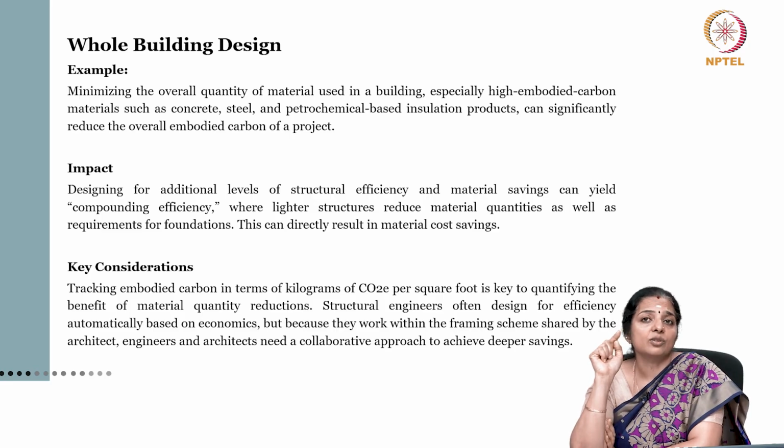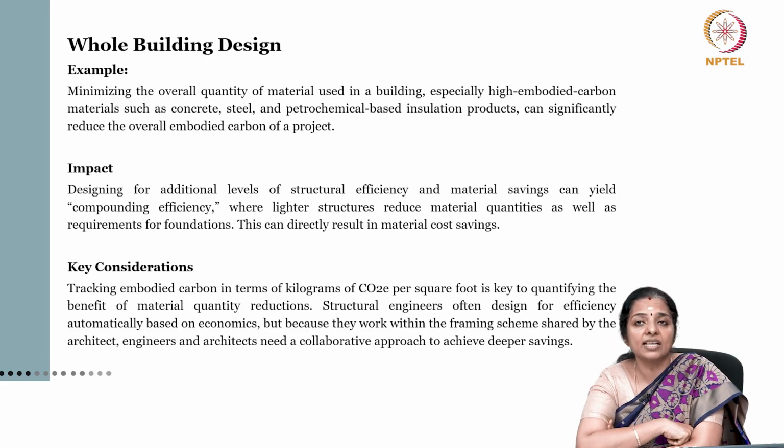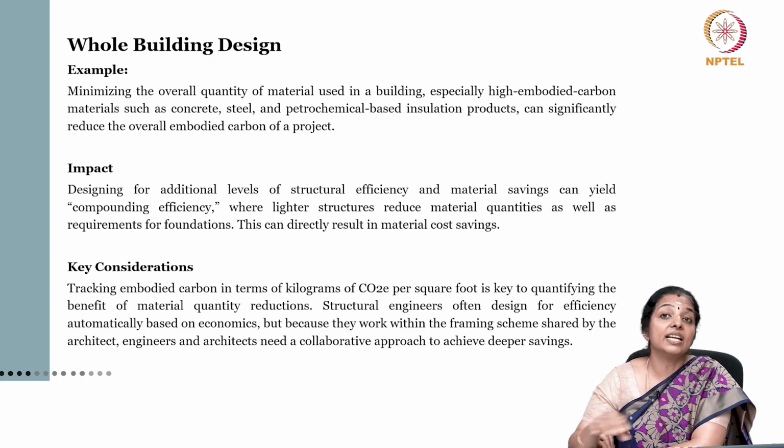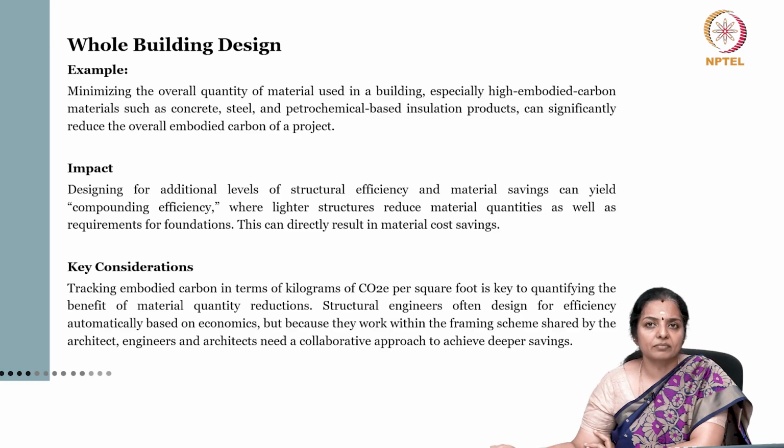Its impact is also shown in designing for additional levels of structural efficiency and material savings. This can yield compounding efficiency, while lighter structures reduce material quantities as well as requirements for foundation. This can directly result in material cost savings.